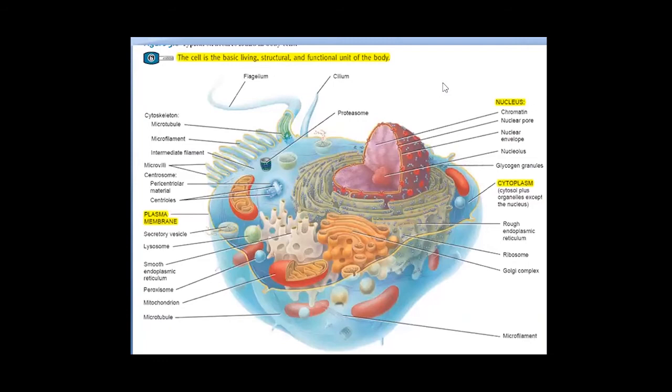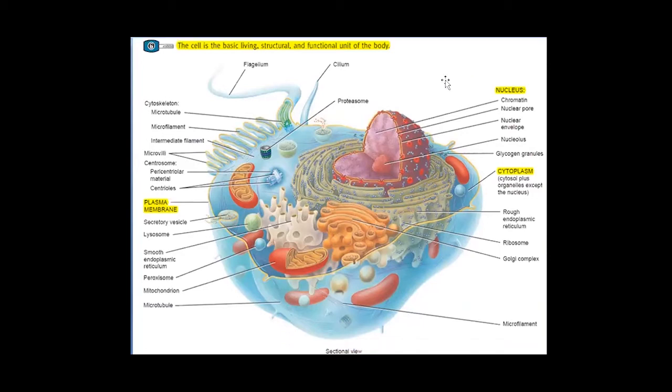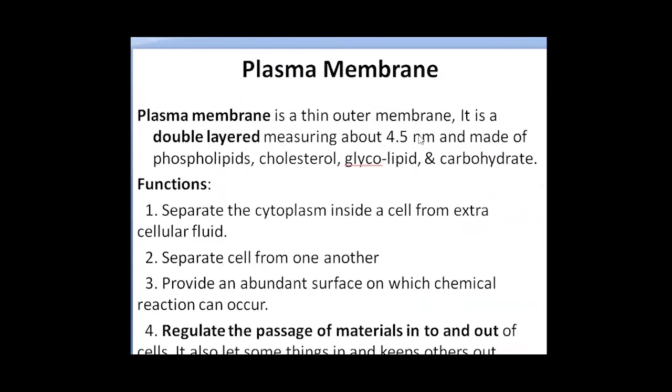So here is another picture. It looks a little bit complicated, but it's still the same thing. Basically the same structure in here. So that's the basic structure of the cells. We're talking about it one by one here.